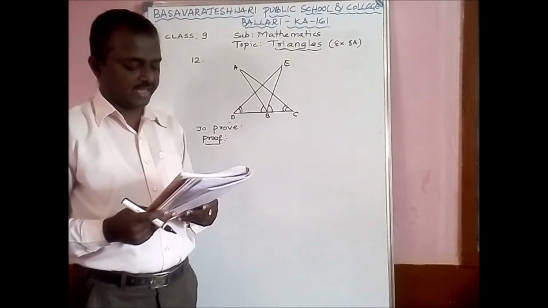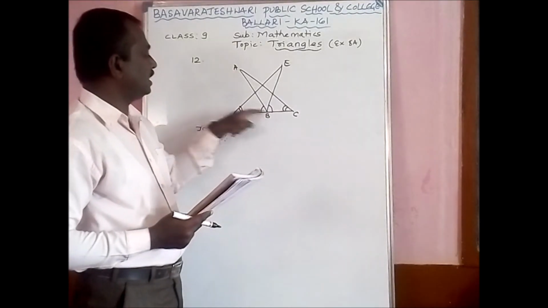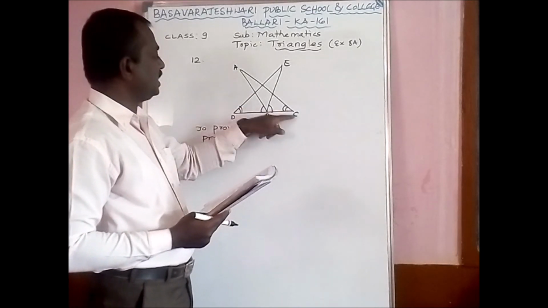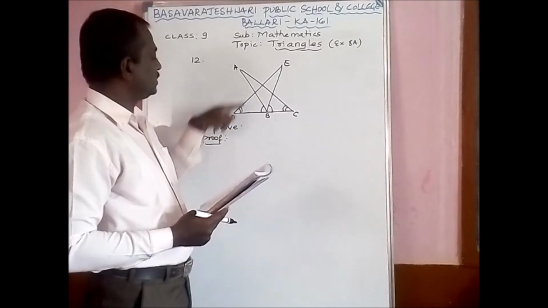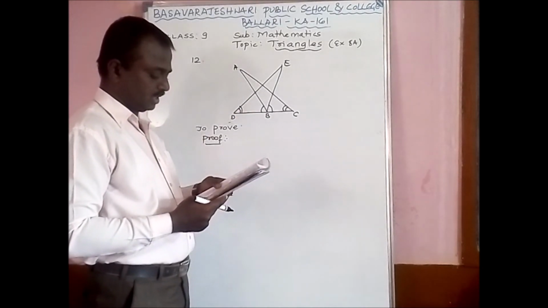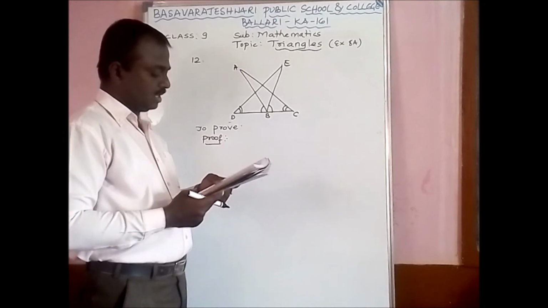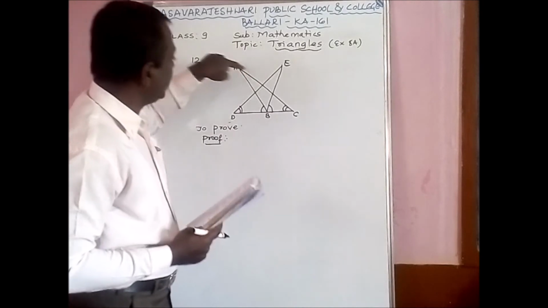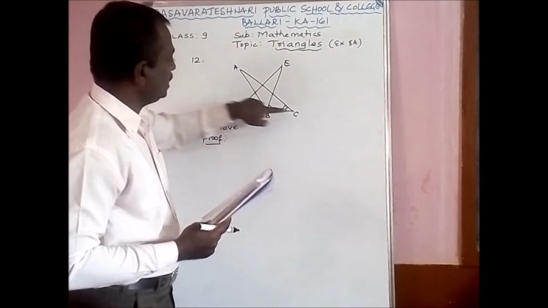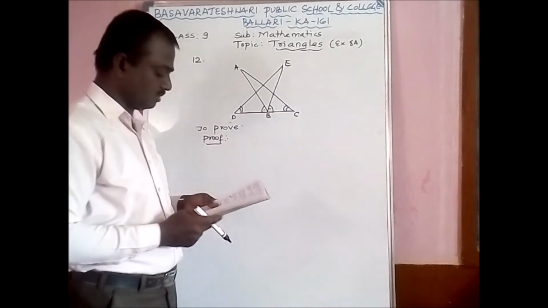In the given figure, angle ABD is equal to angle EBC. First, these two angles are equal.